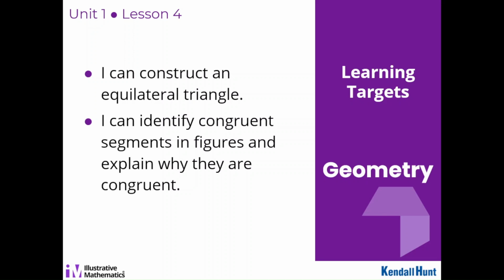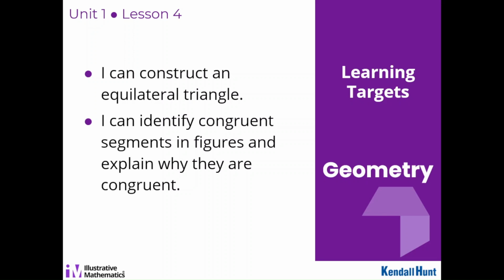We have two learning targets in this lesson. When we get done with the practice problems, we'll come back and review these and ensure you've learned everything you need to before moving on to the next lesson. Learning target number 1 says I can construct an equilateral triangle.